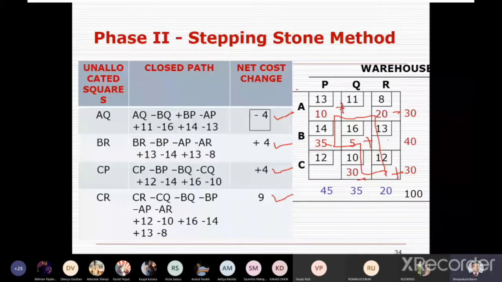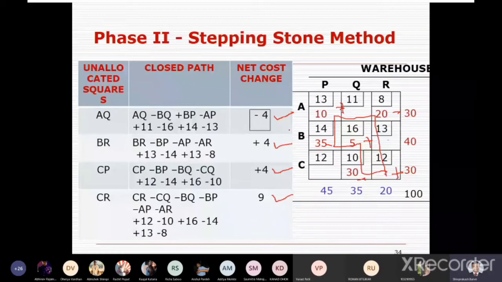Now here it gives indication that if I am shifting some allocation, because I got here net cost is minus 4, and my intention to prepare this table is to check whether I am getting any negative value or not. If I am getting all the positive or zero values, then that is the final solution.